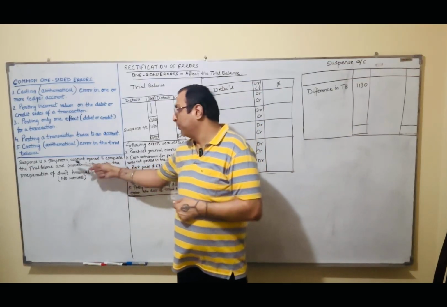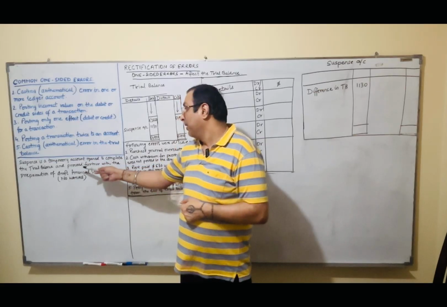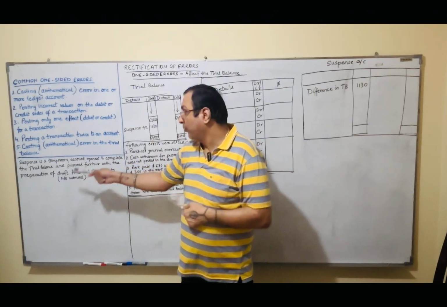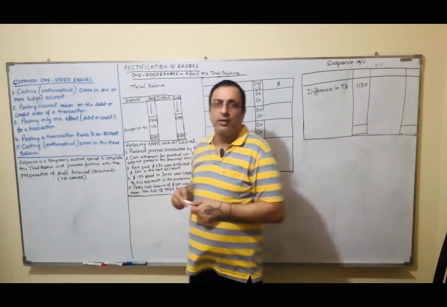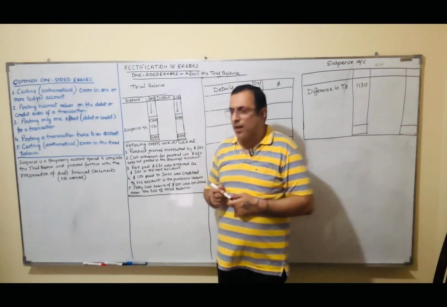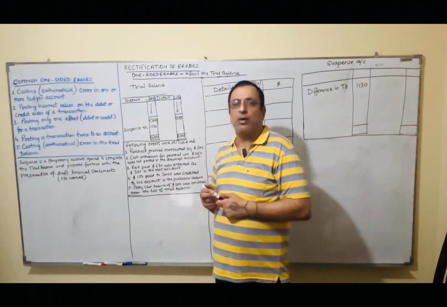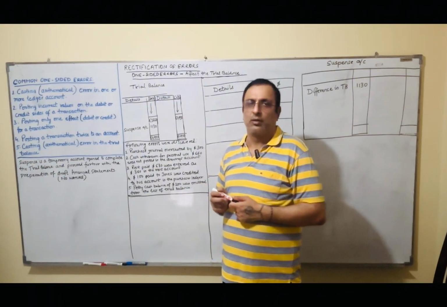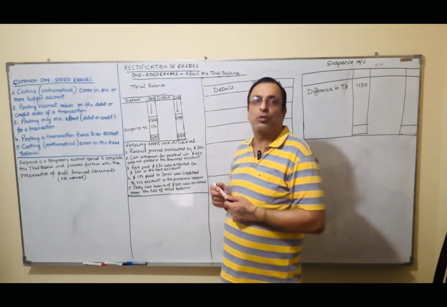Suspense is a temporary account opened to complete the trial balance and proceed further with the preparation of draft financial statements. I used the word draft. Why? Because it's a closing, right? I am about to complete my financial statements. I have to furnish my financial statements at the closing, right? But my trial balance is not equal.